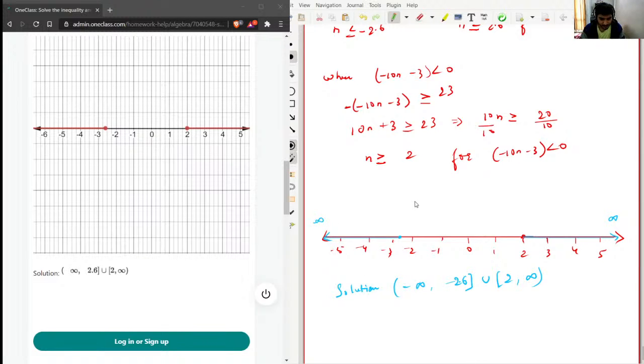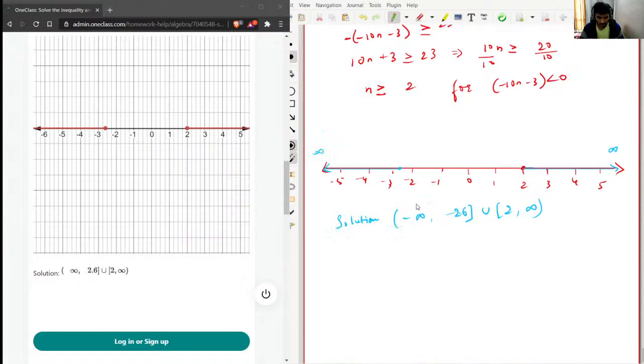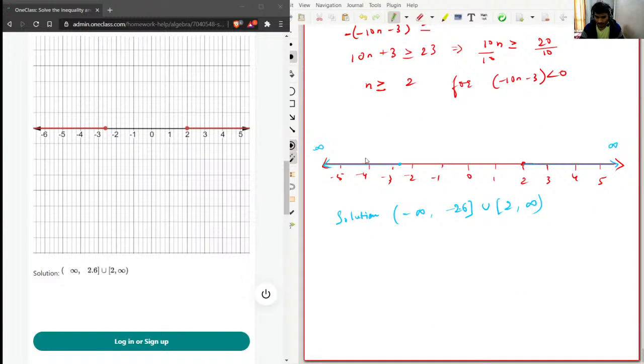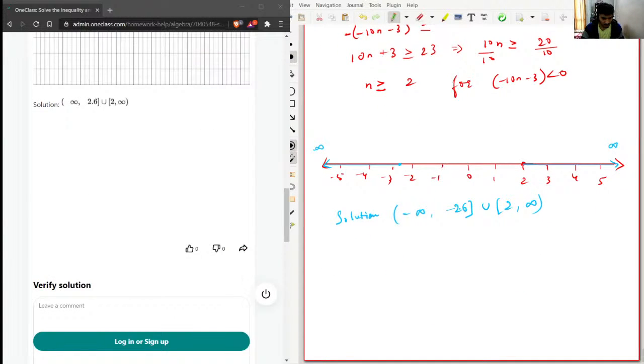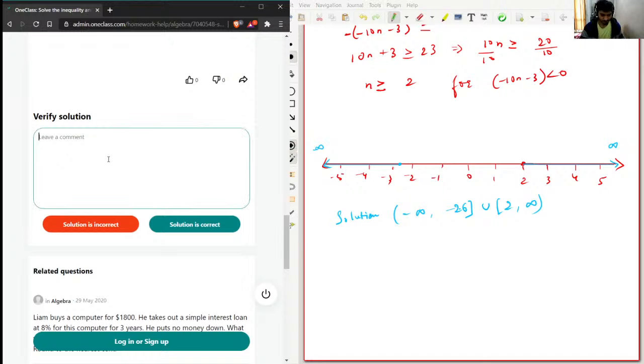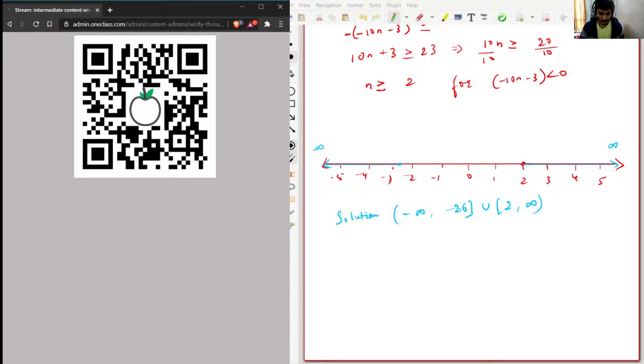That is pretty much all I think for this question, and correct solution. Nice work. So in this way we solve for the inequalities, and we draw the range using number lines.